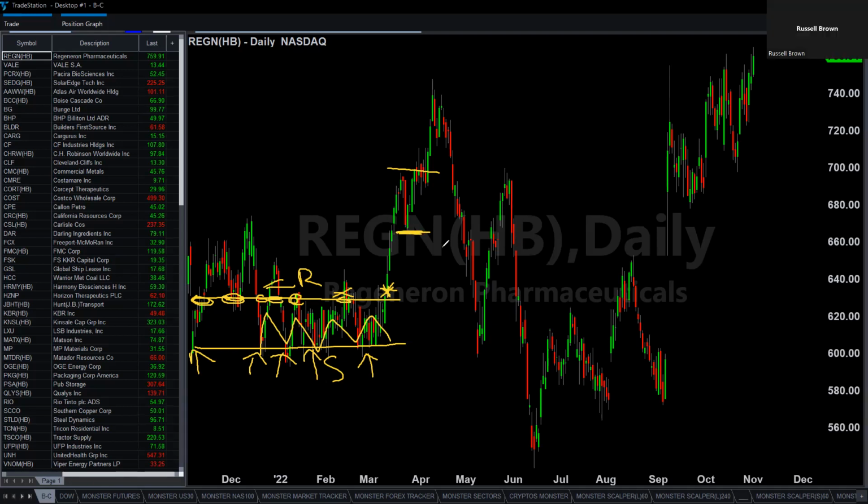Anyone else want to give it a try? So we know that this is not support. And why is this not support? Just eyeball it, guys. Eyeball the price, because that's what you will do when you're looking at a pure chart.